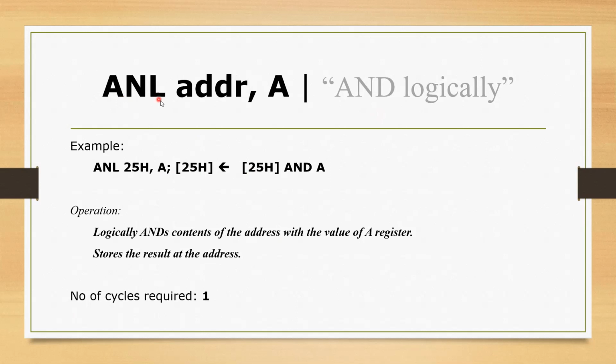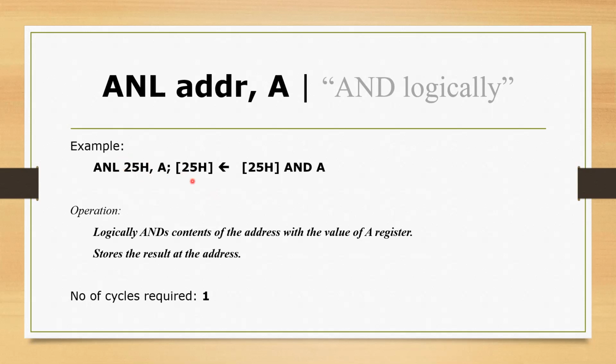Now here, ANL address, A. Here you can see the first one is a memory address and the second one is the accumulator register. So here the operation is done between the content of 25 hex location and the accumulator register. But here the result is stored in the 25 hex memory location. You can see the first one is the destination, where we store the result.